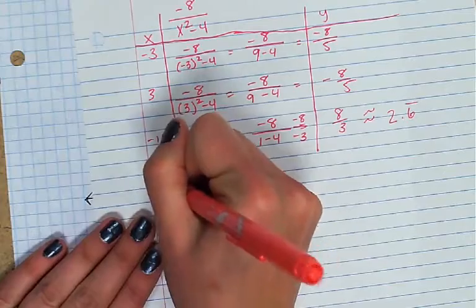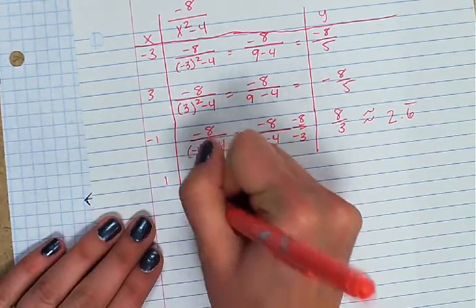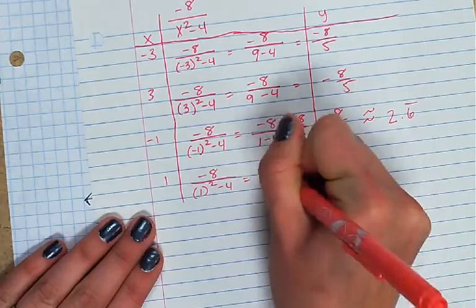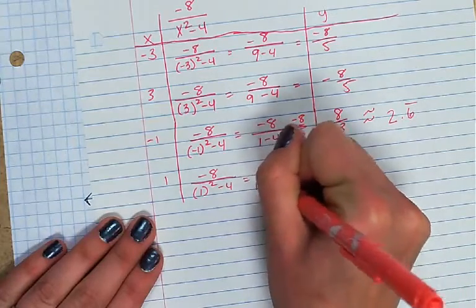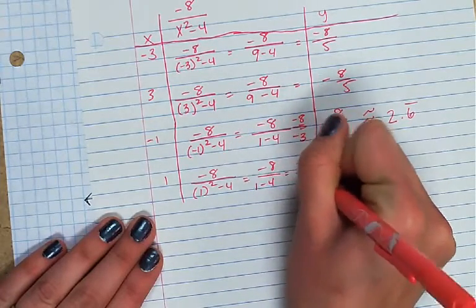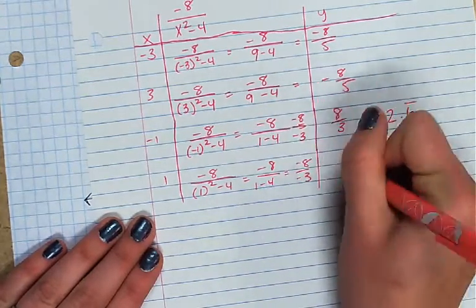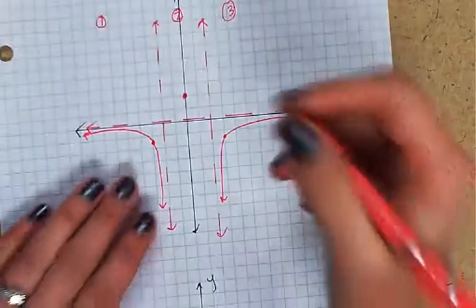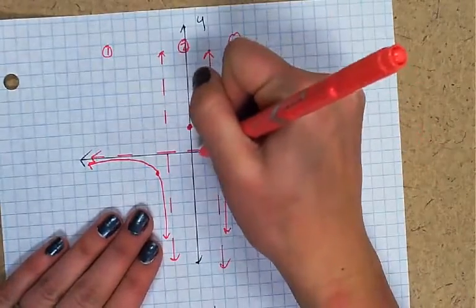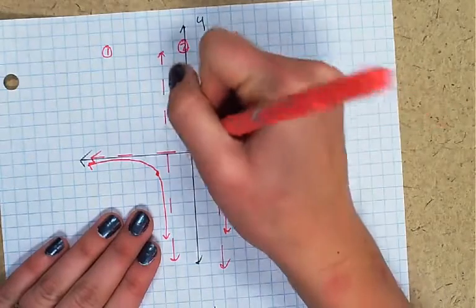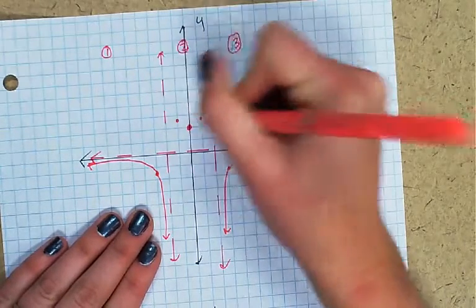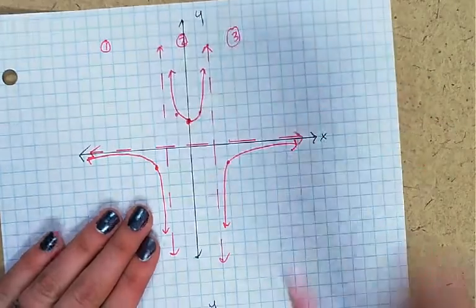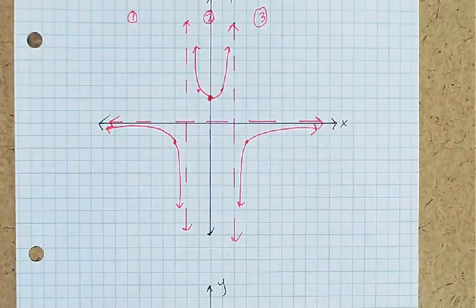And then if I plug in +1, same thing, -8 over -3, which gives us again +8/3. So at 1, we're at about 2.6, and at -1, we're also 2.6. So they're going to go up. And that's how you graph a rational function.